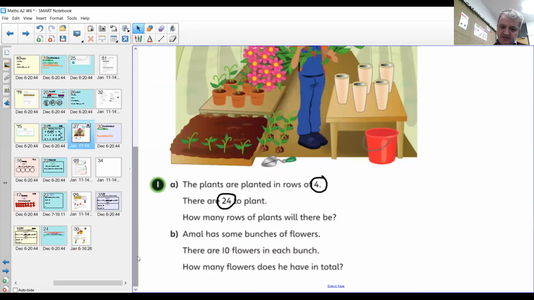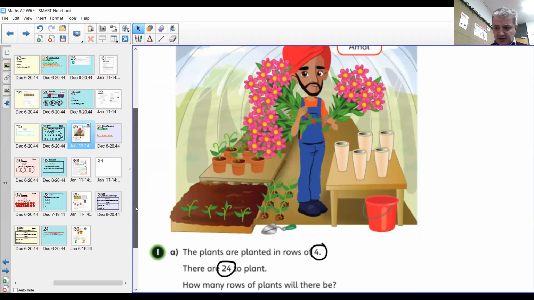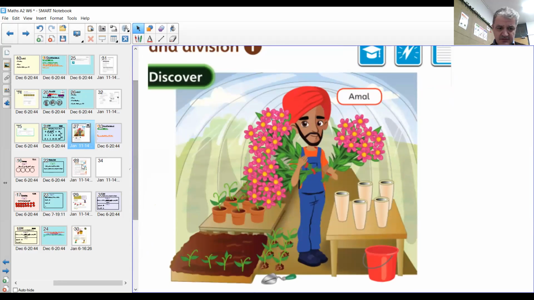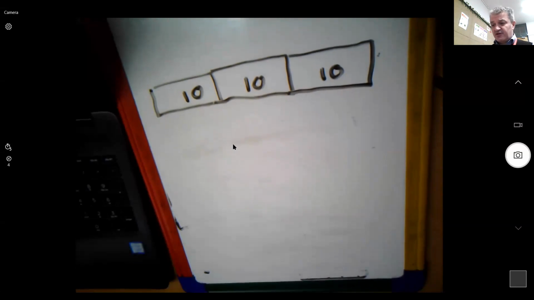Amal has some bunches of flowers. There are 10 flowers in each bunch. How many flowers does he have in total? Again, you can just draw quickly a little bar diagram for that. Basically, it is as simple as that. He's got 3 bunches or 3 groups of 10.